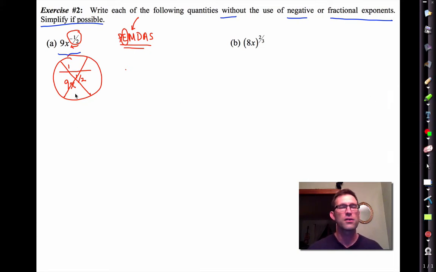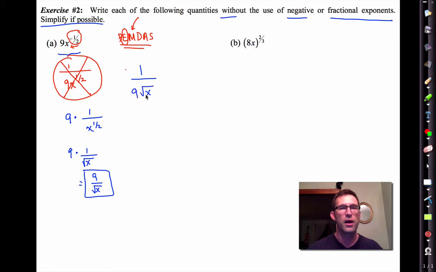So in fact, the way we should look at this is the same as 9 times 1 divided by x to the 1/2. And that would be the same as 9 times 1 divided by the square root of x, which is the same as 9 divided by root x. So it's very important that this is what you have instead of this particular wrong answer. A lot of people will have something like this, which is incorrect.